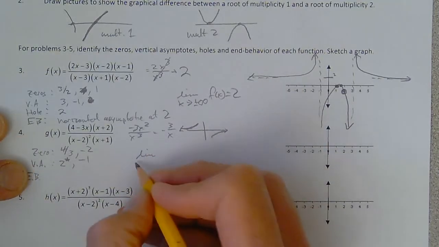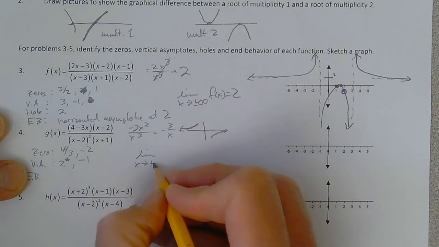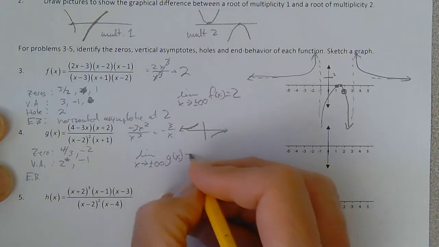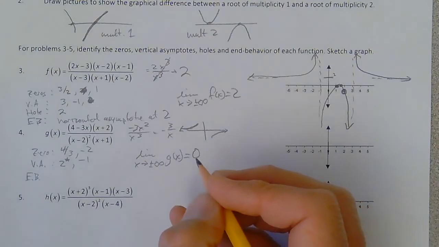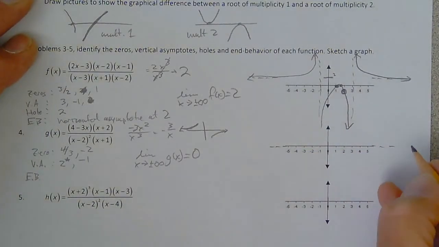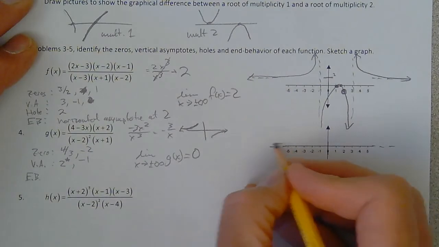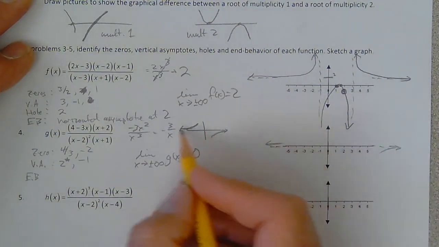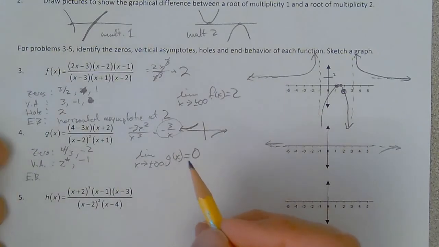So my limit as x approaches both positive and negative infinity of g of x is 0. And so horizontal asymptote at 0, and I know it's on top over here, and it's going to be finishing below over here according to the information from that.